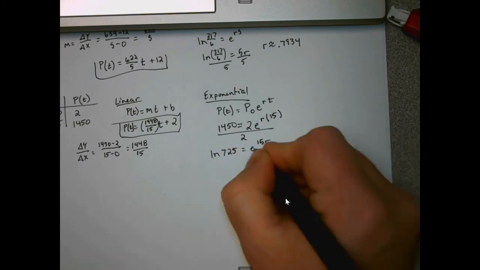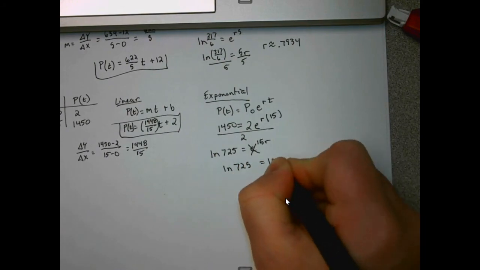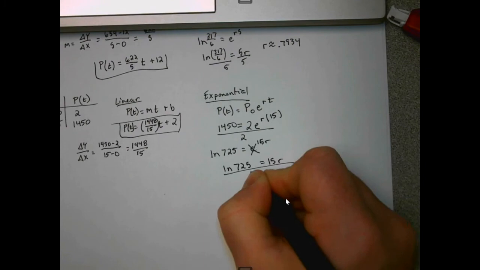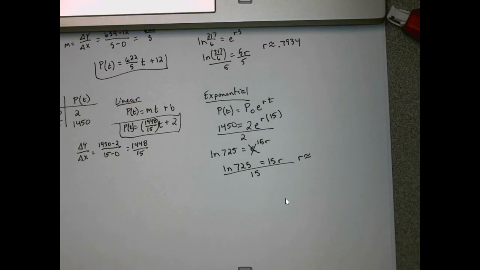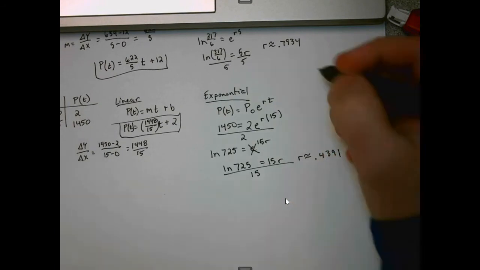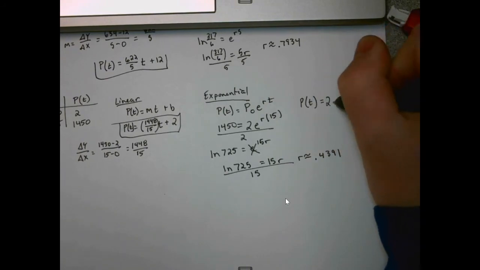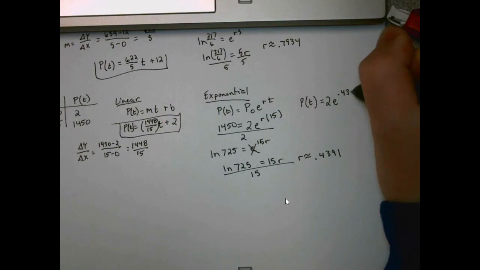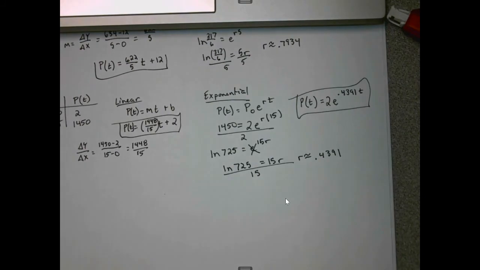Take the ln of both sides, that cancels your e. So ln of 725 equals 15r, and divide both sides by 15. r is about ln of 725 over 15, 0.4391. So your model here is 2e to the 0.4391 times t for your exponential growth of population, those snakes.